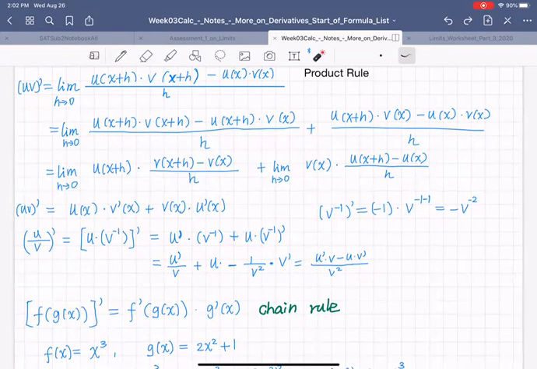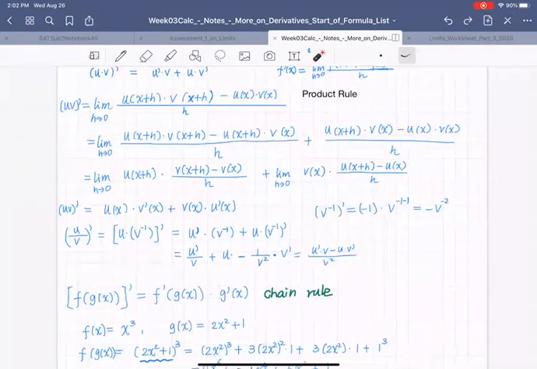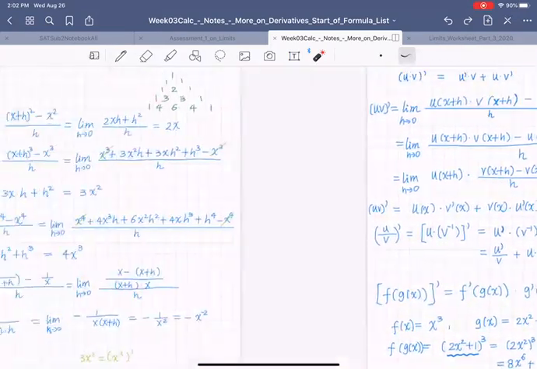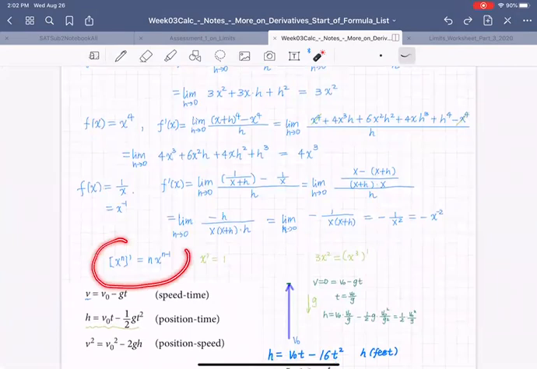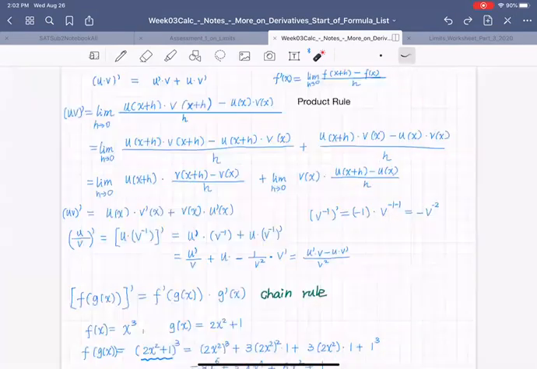But if you want to do this guy's derivative, we just learned the power rule. The power rule we have over here is this, right? So how about we apply this power rule?